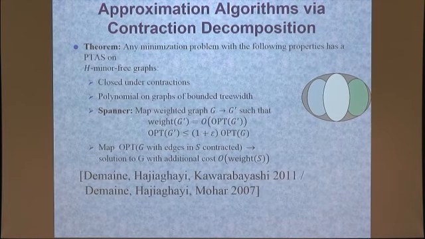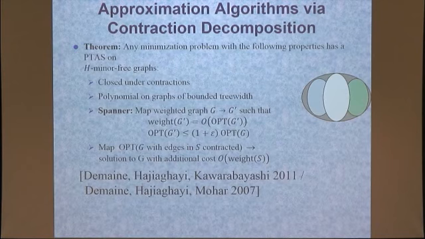The one that is a bit non-trivial is that there is a spanner for this. What is the meaning of a spanner? It means that you can map this graph G to another graph G prime which has these two properties: the weight of G prime is essentially of the same order as opt of G prime. Note that G is possibly a very big graph, but opt of G is very small.